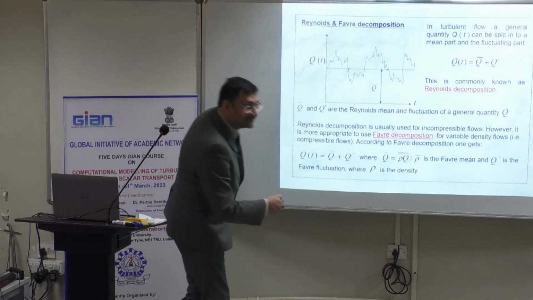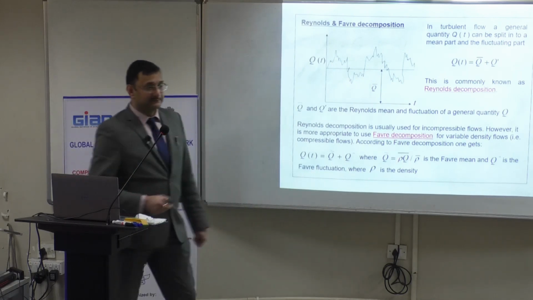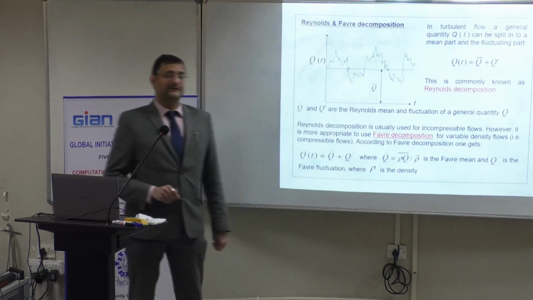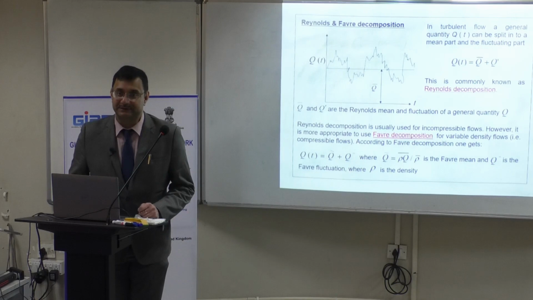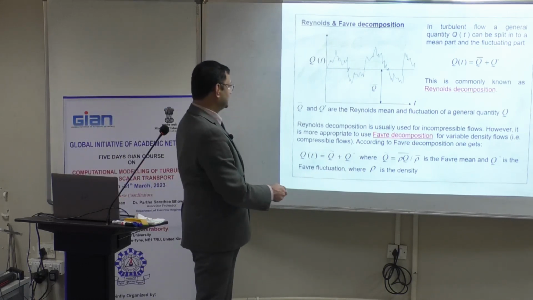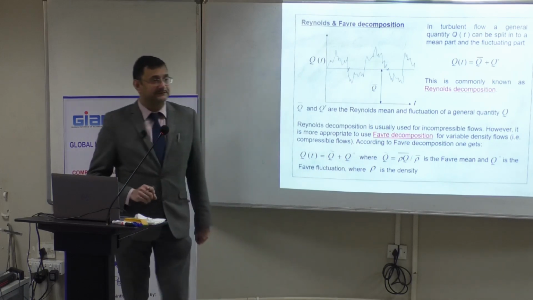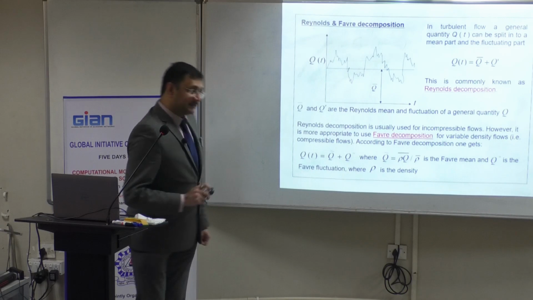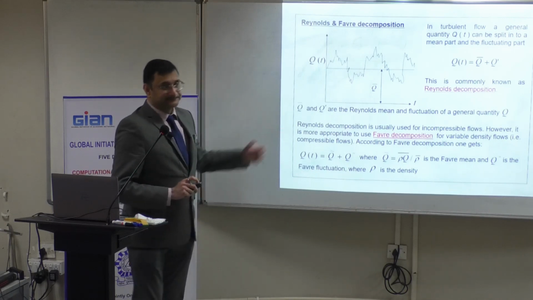So it's a density weighted averaging process, and whatever is left is essentially a Favre fluctuation. This one is called the Favre mean, and whatever is left is the Favre fluctuation. Okay? The reason behind it, I'll explain.